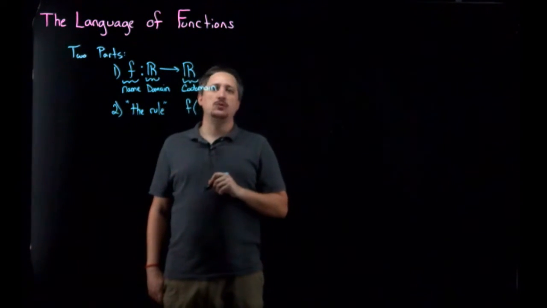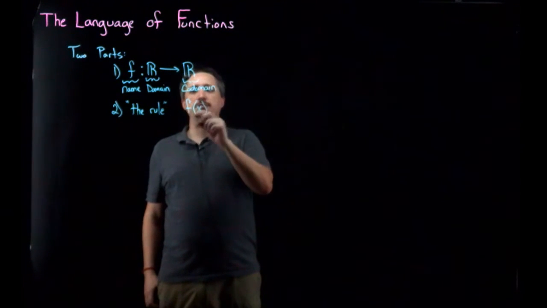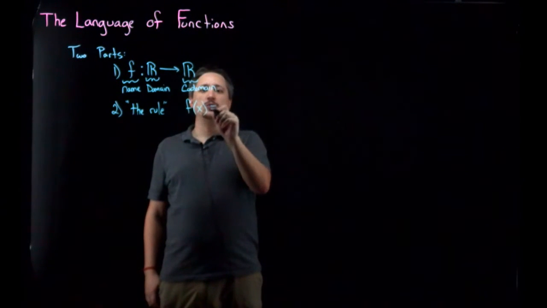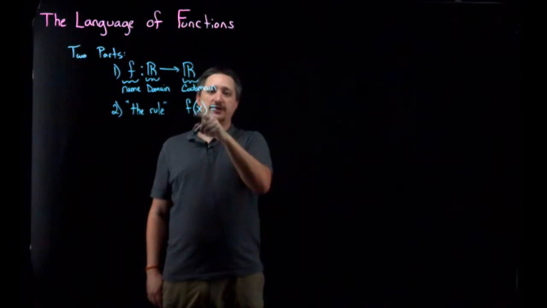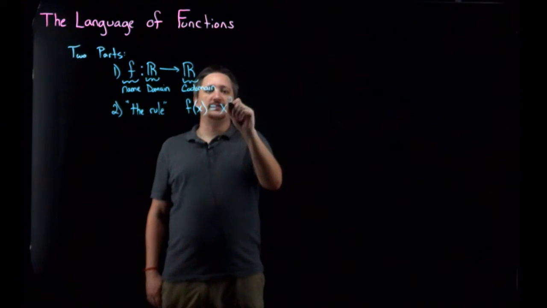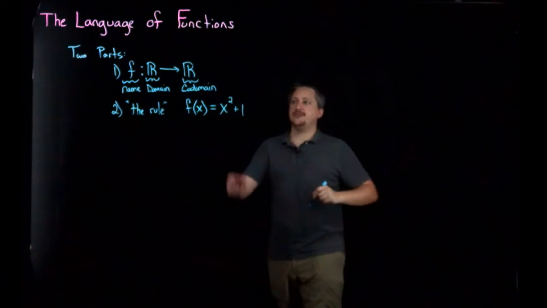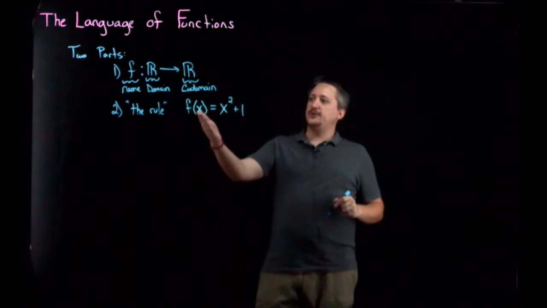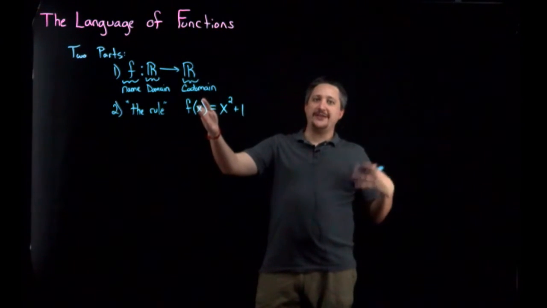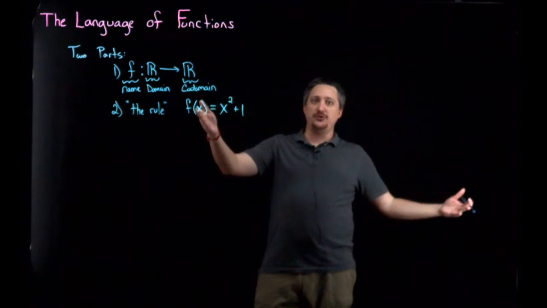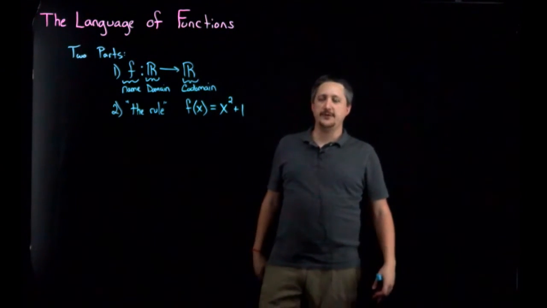Then I'm going to put in what we would call a dummy variable for the domain element. So if we apply f to x, what does that do to the thing we put in? Well, it takes whatever value we put in, and let's say squares it, and then adds 1. This is what we would call the rule. It says, whenever you take an element of the domain, how do you know where that thing goes? What does f relate that to? Well, it relates it to that thing squared plus 1.